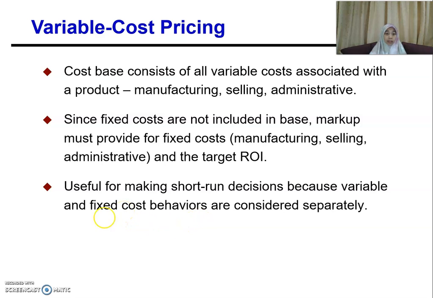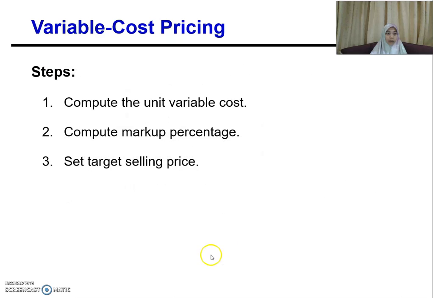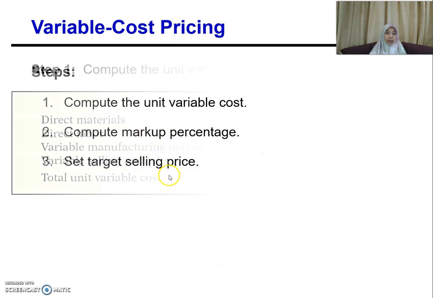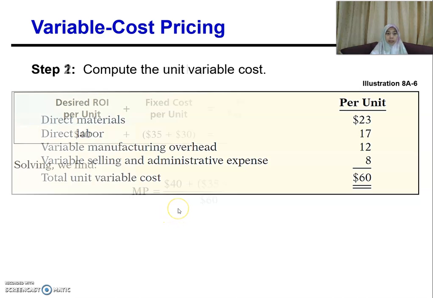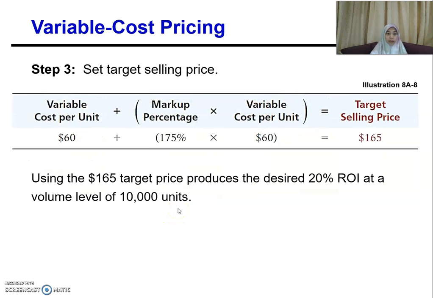If it is constant, then you only look at your variable cost, the cost that varies. You take your variable cost, compute a markup, then set your selling price.